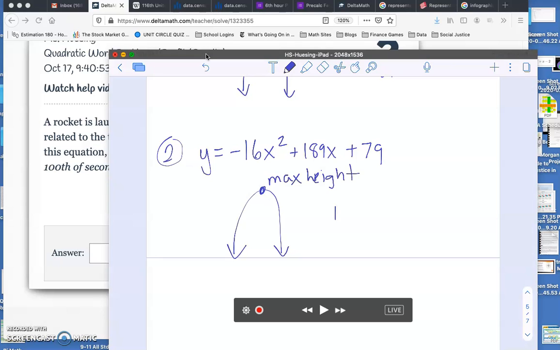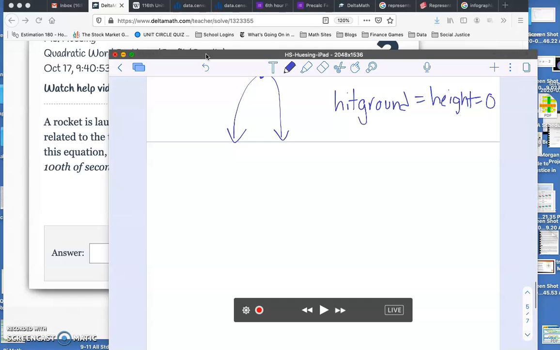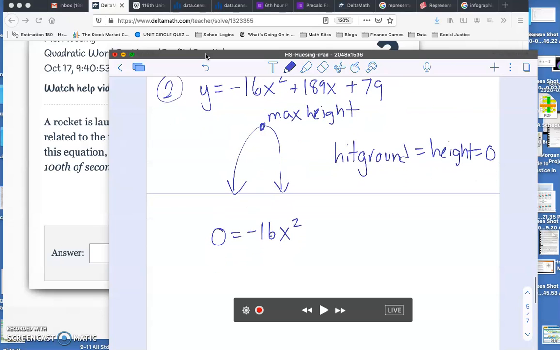So if we want to know when it hits the ground, that would be when our height equals 0. So if we think of that in terms of our equation, we're looking for 0 equals negative 16x squared plus 189x plus 79. So let's graph that again.